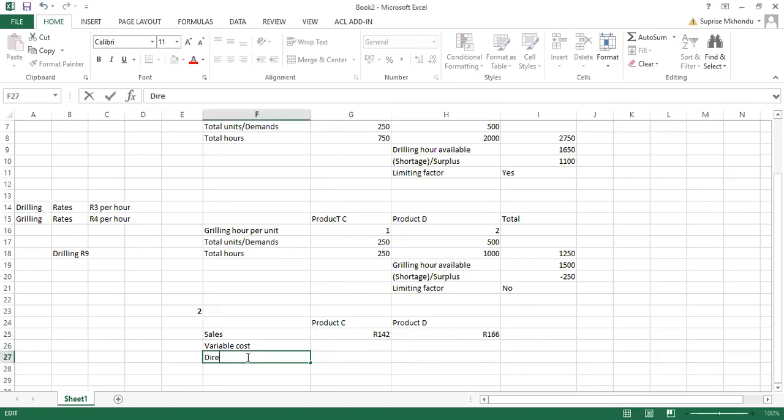Okay, so you have direct material, direct wages, variable overhead. What else do we have? Let me see. The variable overhead for drilling, and grinding, variable.